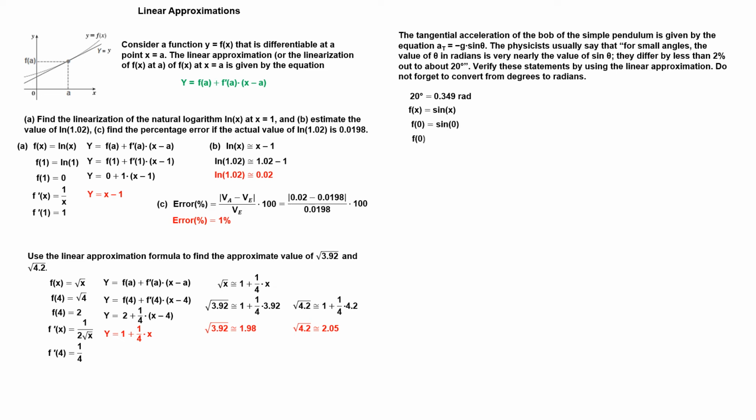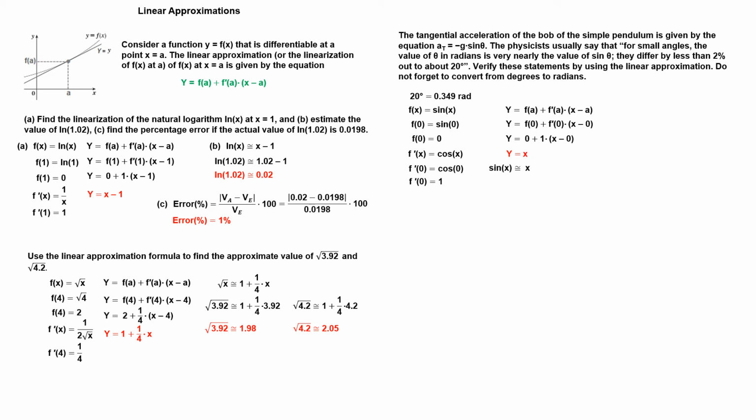We now follow the steps to perform linear approximation. So, as long as x stays small, we can say that sine of x is x. So, the first statement is true.